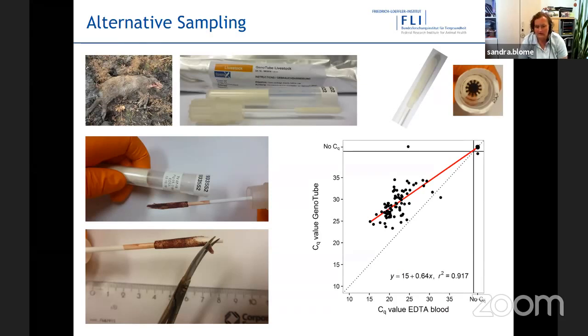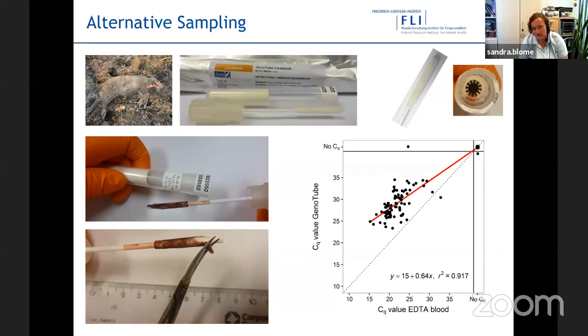To cut a long story short, you can say, okay, you lose a little bit of sensitivity, but we have a good correlation between our values of these genotube swabs and the EDTA blood. The same is true for the antibody detection. You can also use these swabs for other diseases if you do syndromic surveillance. And you always have to discuss fitness for purpose.